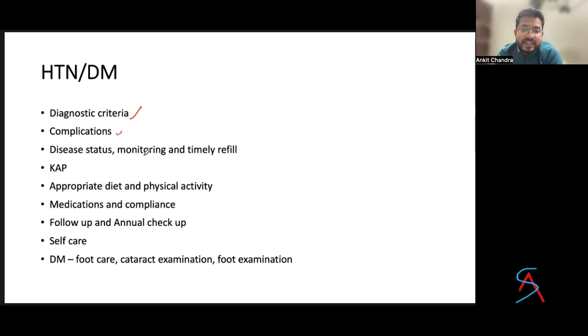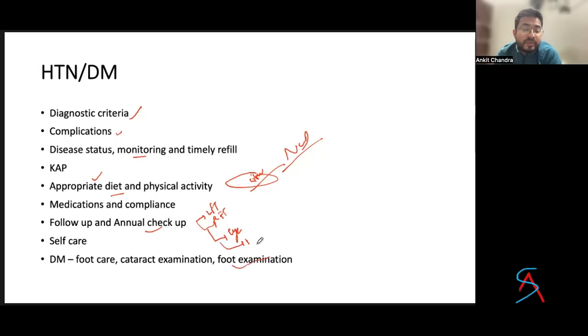Know about the disease status, monitoring and timely refill, knowledge, attitude, practice, diet and physical activity, because lifestyle is an important part, especially in non-communicable diseases. Look at the follow-up and annual checkup, like how frequently they are supposed to do their LFT, their liver function test, renal function test, eye fundus examination, and foot examination.